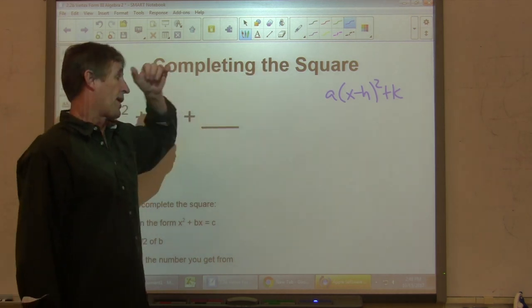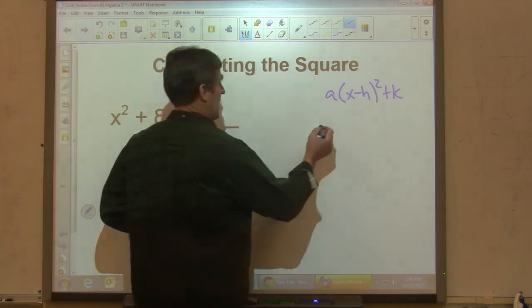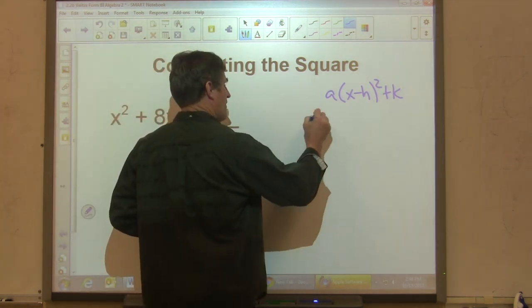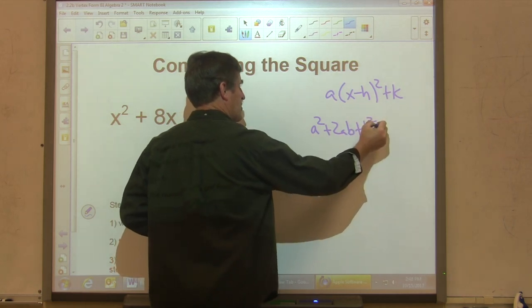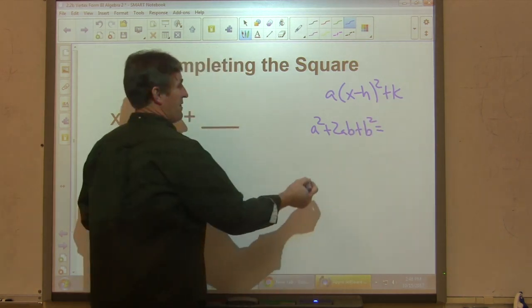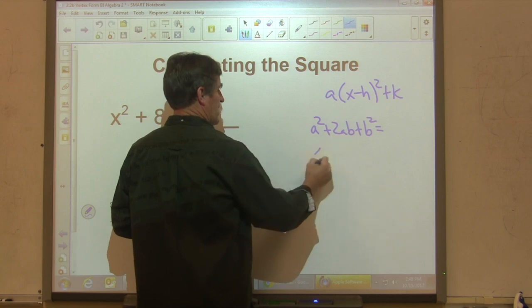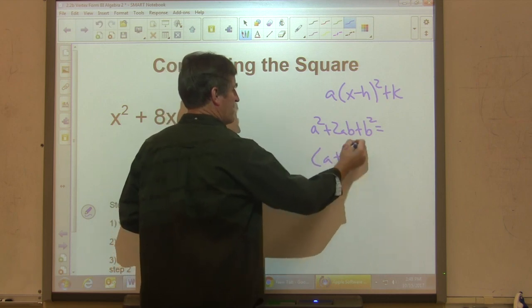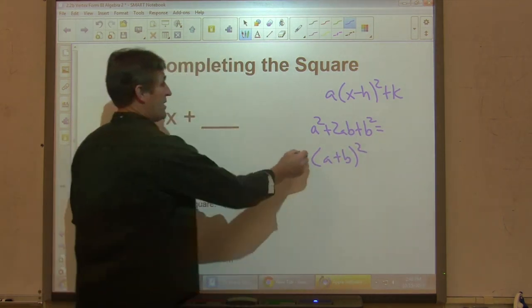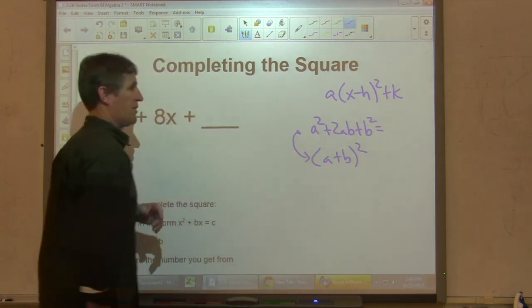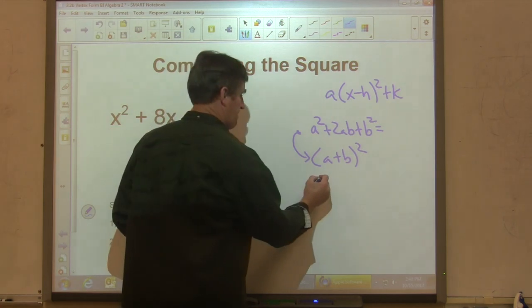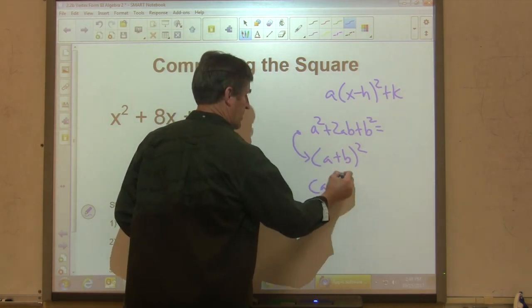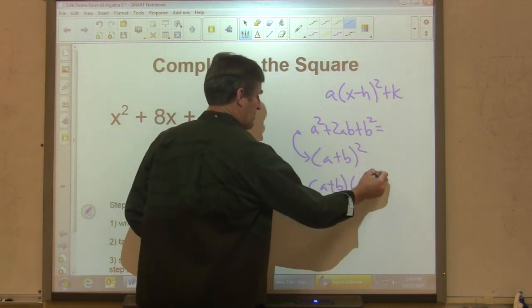Now, completing the square, the reason we're doing that is if we can write anything in the form of a squared plus 2ab plus b squared, then that factors into a plus b squared. So these two are equal and they're the same thing. Because if I multiply this out, remember a plus b squared is a plus b times a plus b.